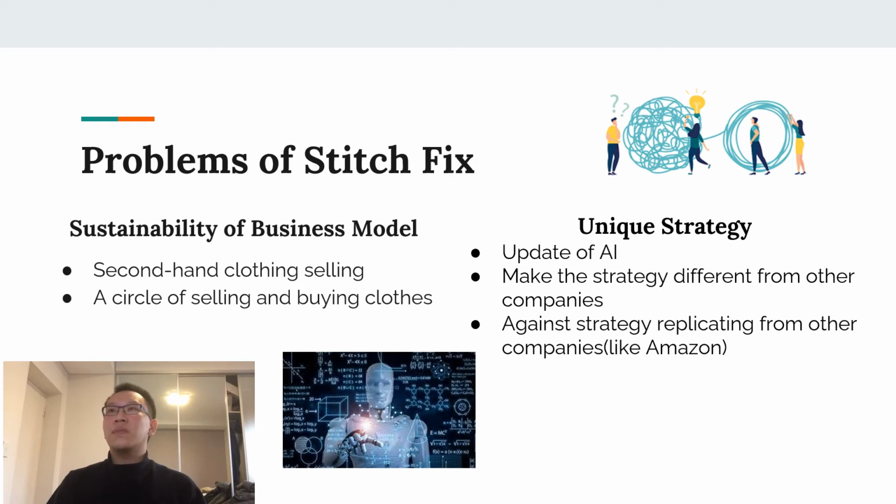For instance, AI can recommend commodities based on what consumers usually search. It is difficult to eliminate replication by other companies, so Stitch Fix needs to improve itself to reduce the threat.